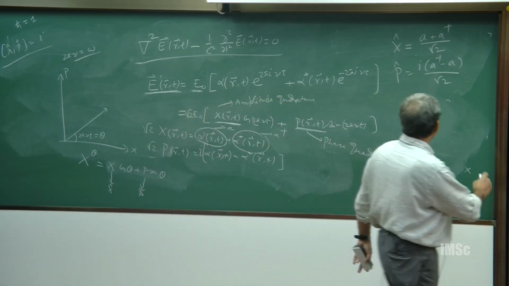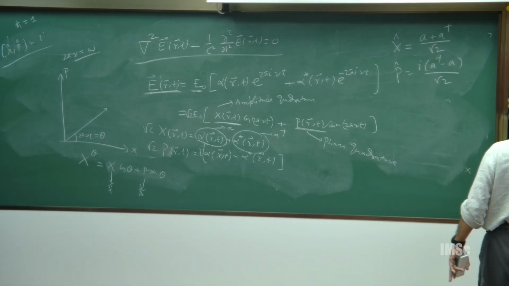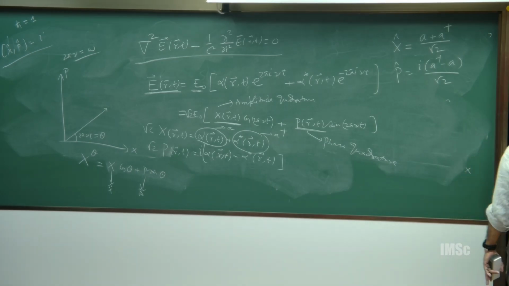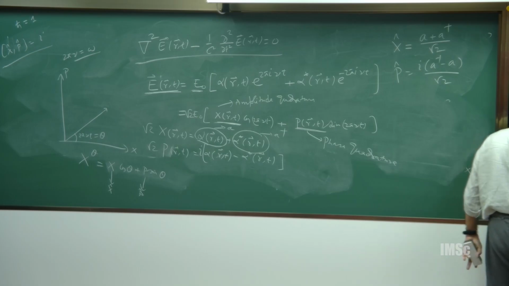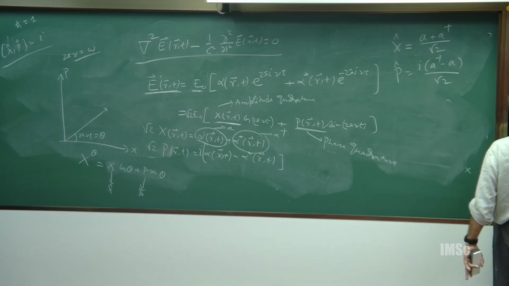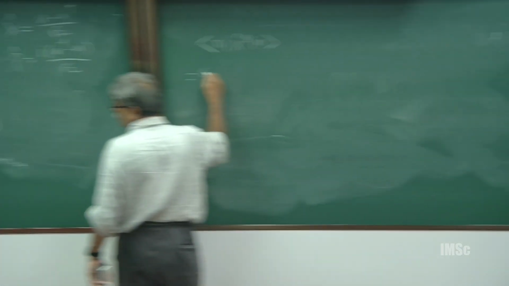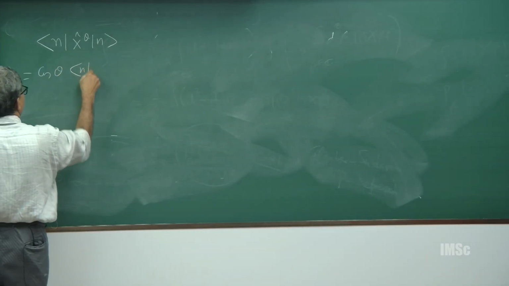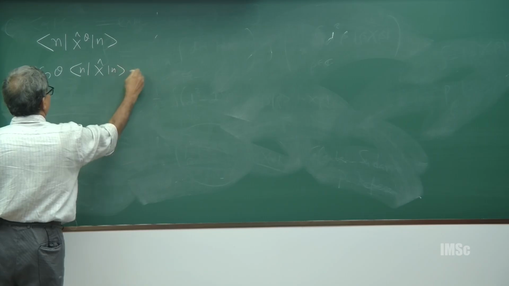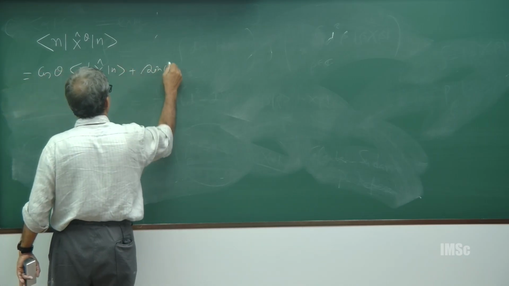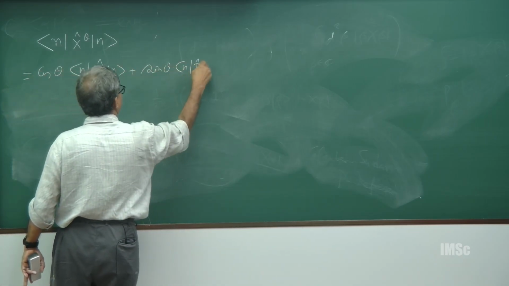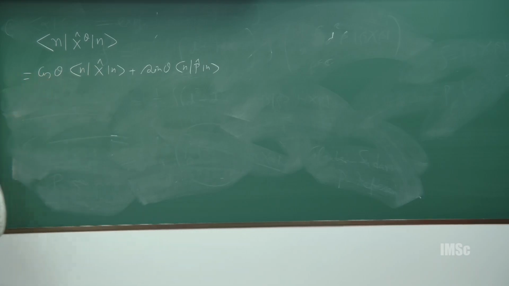So, now let us take a number state, a Fock state. Okay. If I now look at the expectation value of this operator, what is this? This is cosine theta in x n plus sin theta in p n, where n is my Fock state, right.